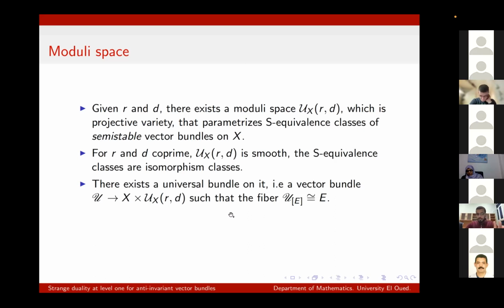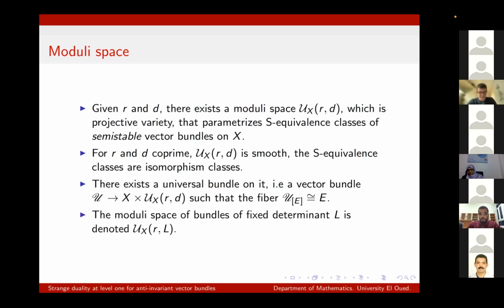In general, this universal bundle doesn't exist if R and D are not coprime. There is another version of the moduli problem using moduli stacks, on which we can also do geometry, and in this case there always exists a universal bundle. But if we look for algebraic varieties, this is the best that we can get in this moduli problem.